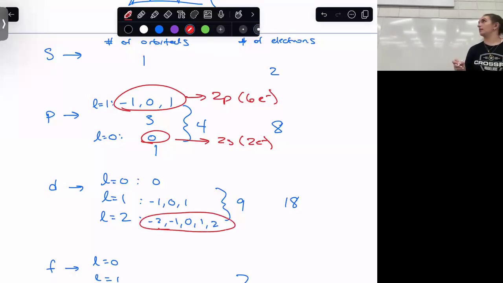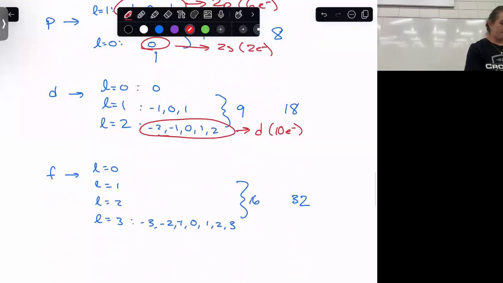Okay, for this, l is equal to 2 down here. How many electrons did we say there were? This was 10, right? This is the d subshell, which is the 10 electrons. And the 8 come from the 2 above it, so for a total of 18.